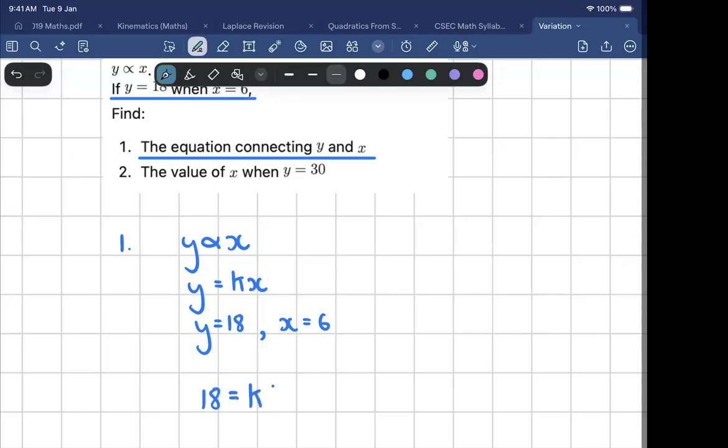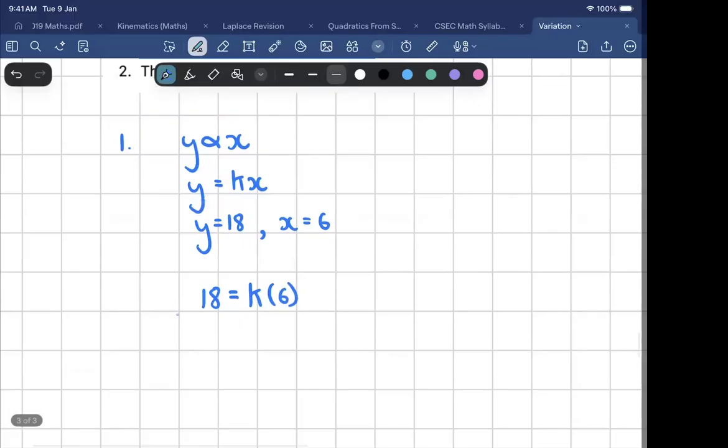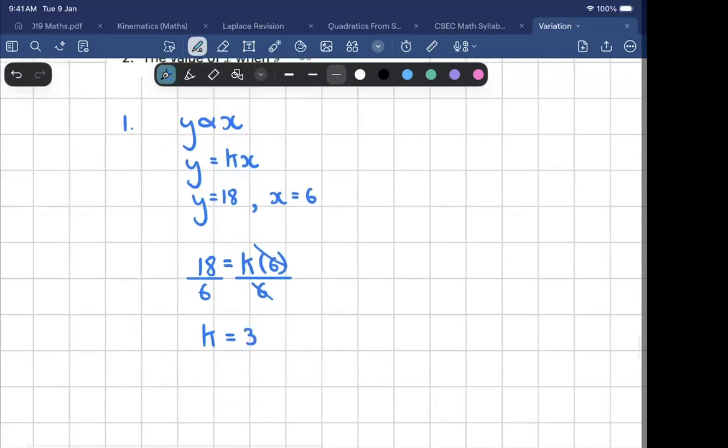And we know that X is 6. If I'm trying to find K, what would I need to do? Divide everything by 6. That's it. So K is equal to what? 3. That's all. And so we could write the equation. The equation will be Y is equal to what?